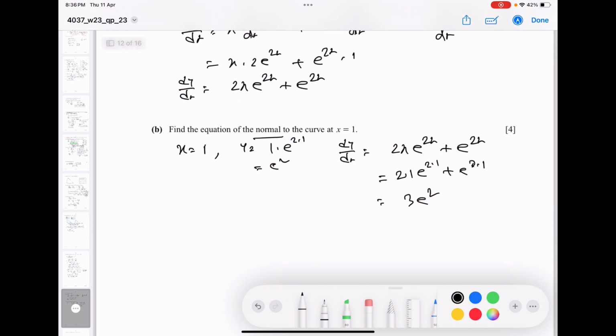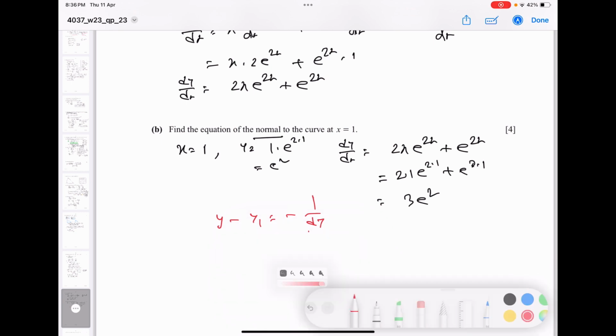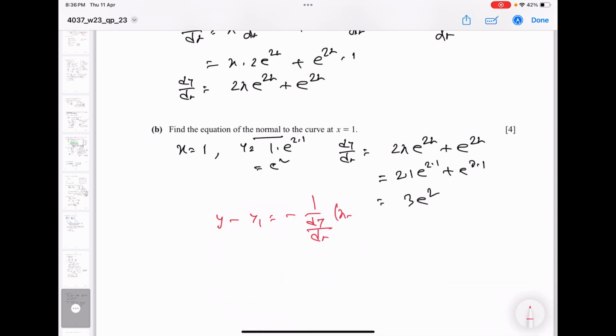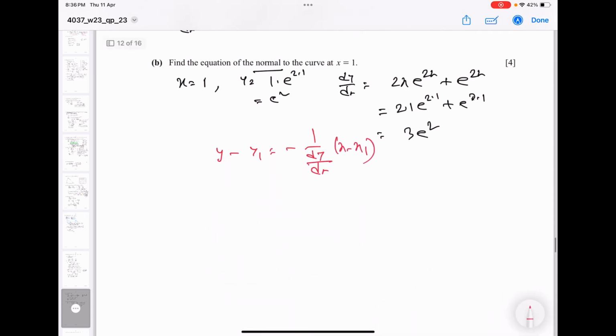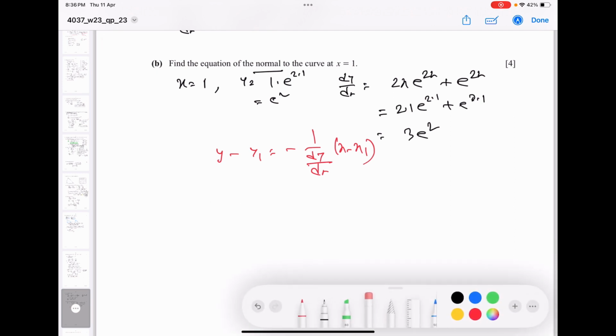And equation of normal, we know that y minus y1 equals to minus 1 by dy/dx times x minus x1. Fine, let me use these values. y minus e squared equals to minus 1 by 3e squared times x minus 1.